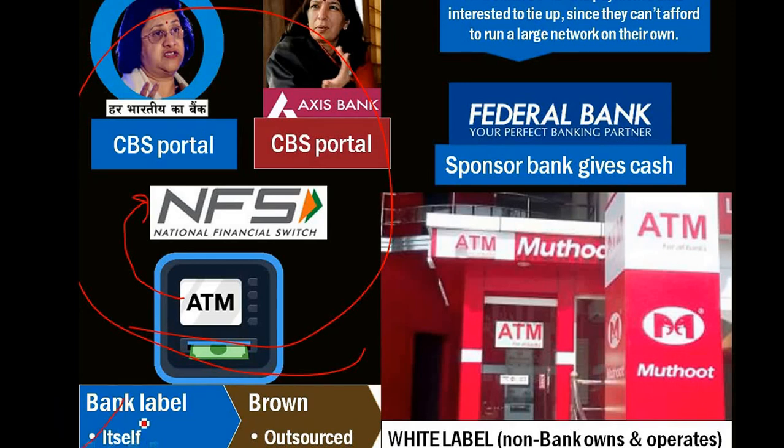In that case, the ATM machine sends our request to the National Financial Switch, and that switch accesses the core banking solution of Axis Bank and fetches the details according to the credentials given by the card, and in this way the ATM provides the money to the customer.